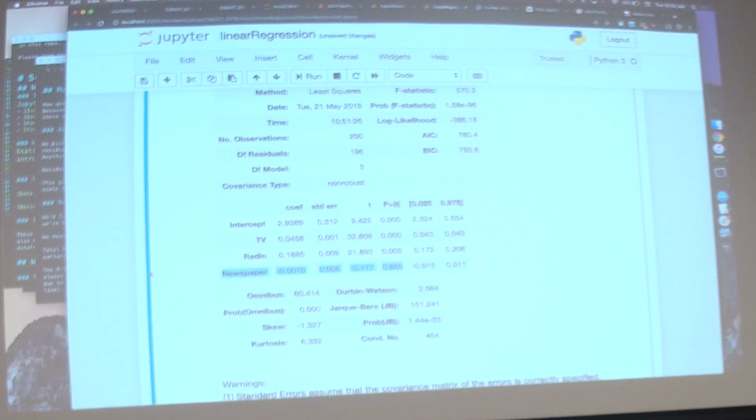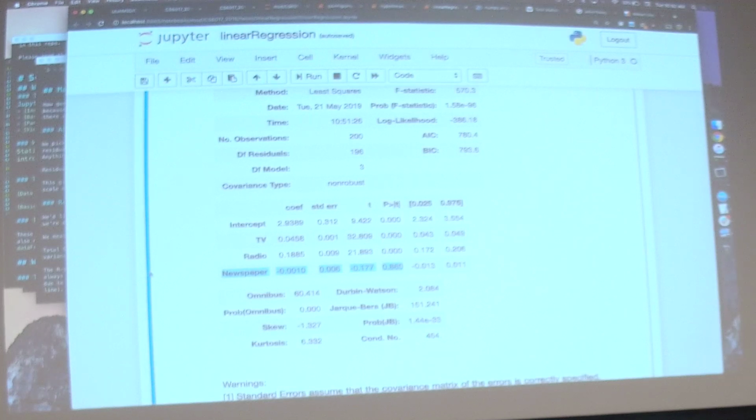Our newspaper has a very high p-value, which means there's a good possibility that the relationship between newspaper and sales, when you consider the other factors, is actually negligible.